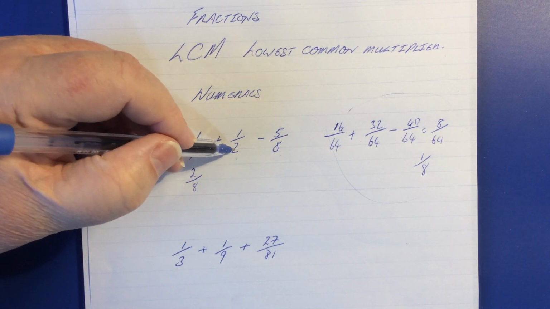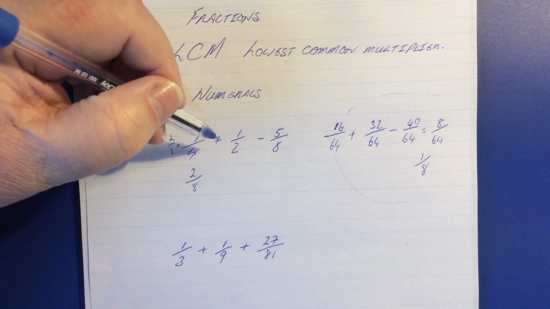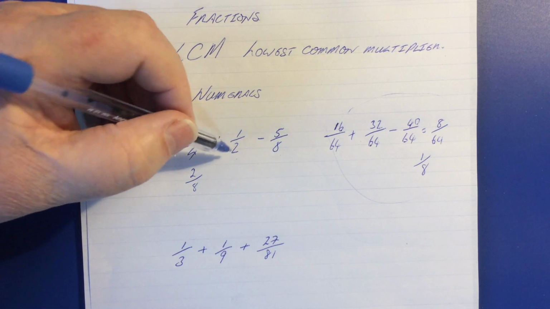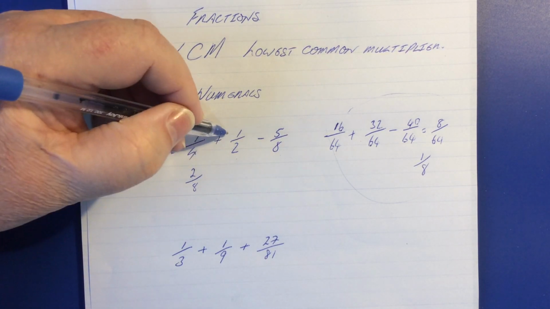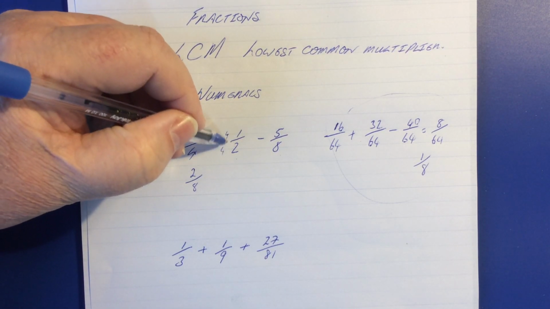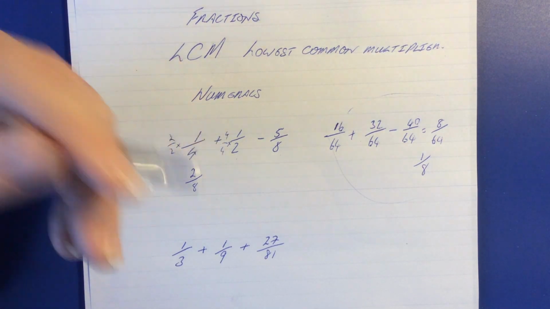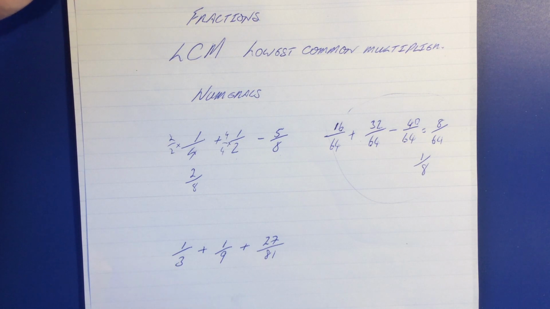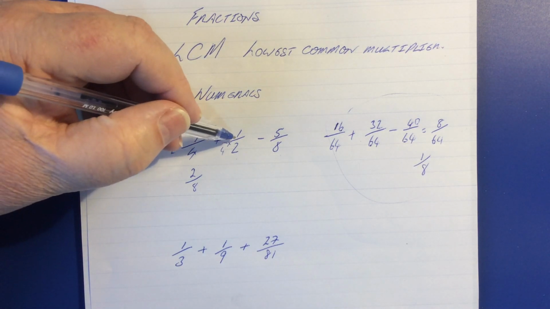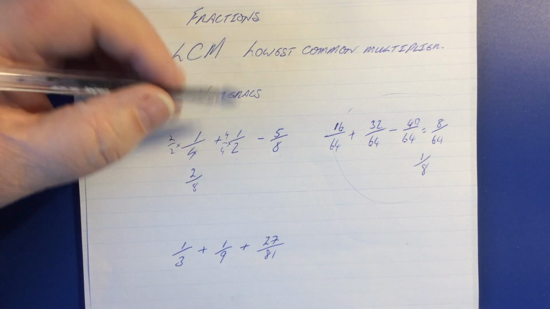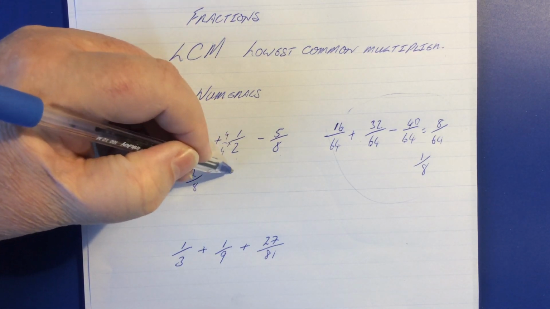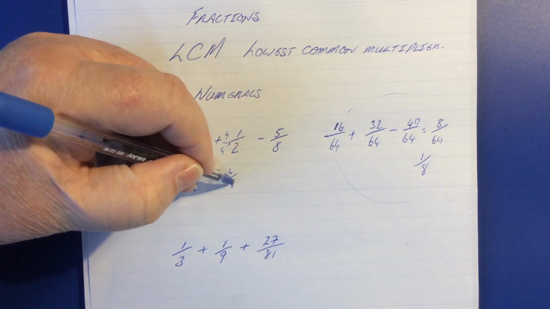What do we do to 2 to make it equal to 8? Well, we multiply it by 4. So 4 over 4. Each time you'll notice that these are effectively 1. So we're not changing any ratios or anything like that. We are getting effectively the same fraction, just written another way. So that becomes 4 over 8.